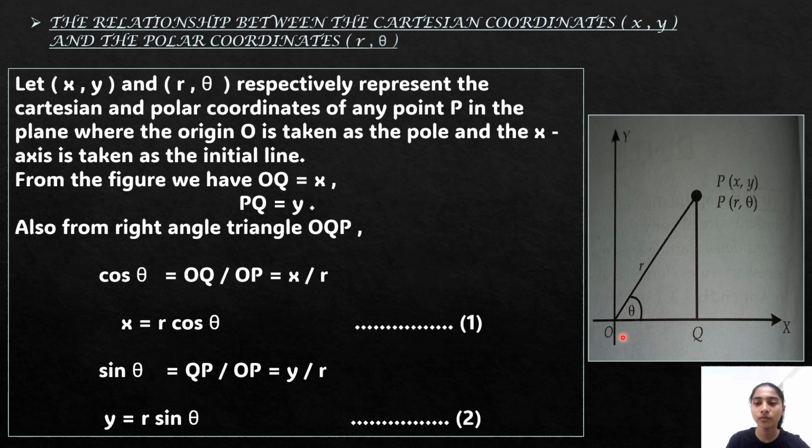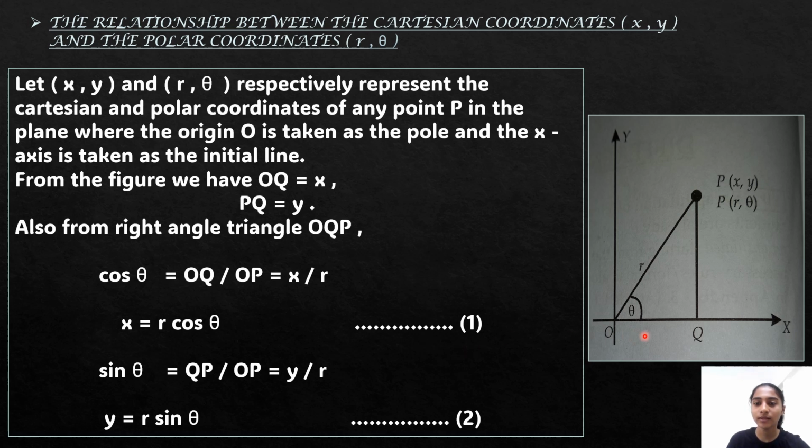We know that OQ equals x and OP equals r. So cos theta will be x by r. This r will go here, so x equals r cos theta. We will take this as the first equation.